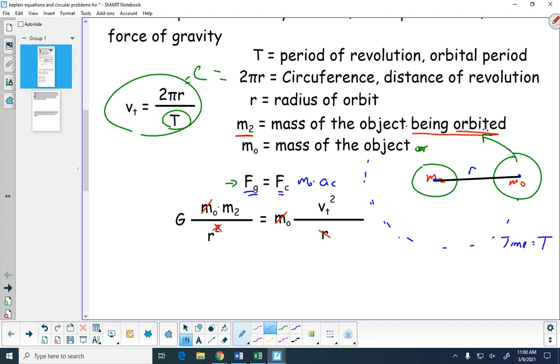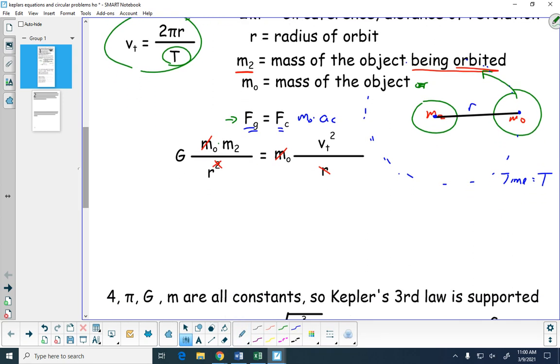So what we are left with in our equation is G m2 divided by r is equal to this tangential velocity squared.